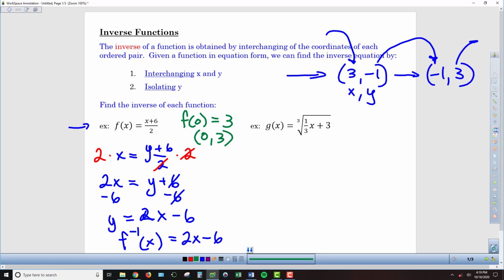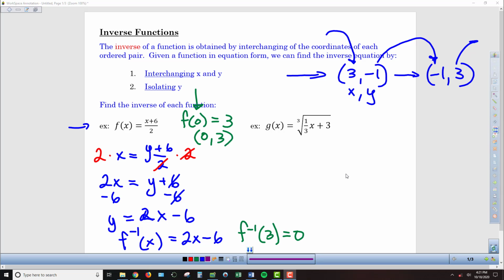That means if I plug 3 into my inverse function, I should get 0 as an output. And indeed, we can see that here. If I plug in 3 into my inverse, 2 times 3 is 6, 6 minus 6 is 0, so I indeed get the original input as my output. So I've confirmed for myself with a quick check that these are indeed inverses.